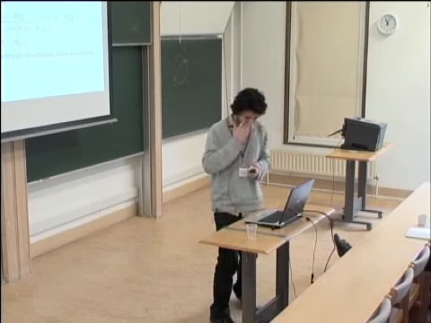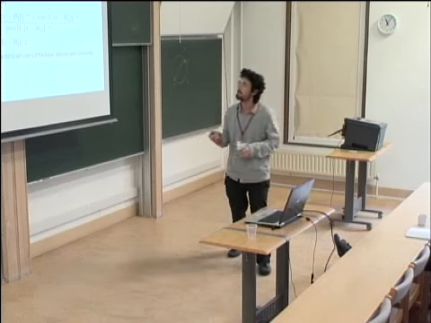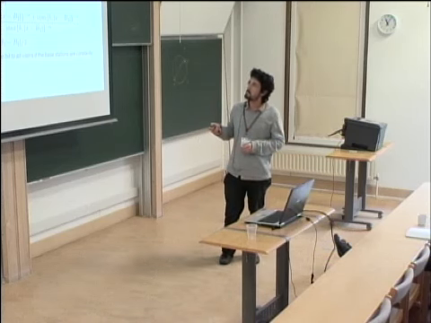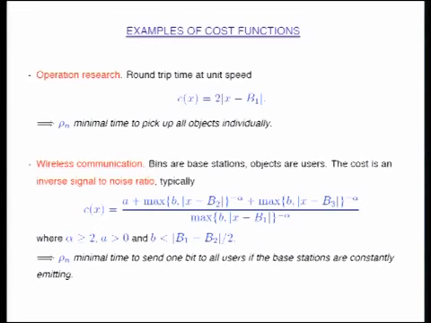Just before giving two examples, the first example would be to take c of x as being 2 times the distance between x and b1. So it will be the time to get from b1 at unit speed to x and come back. Then rho n will be the minimal time to pick up all objects individually.